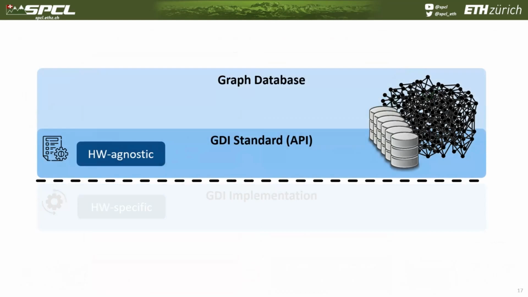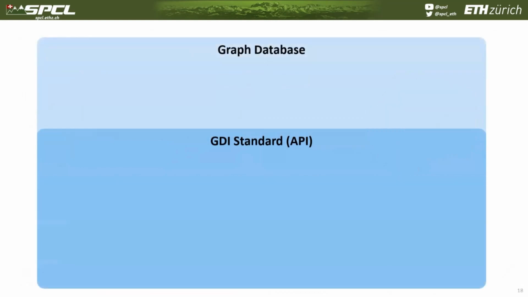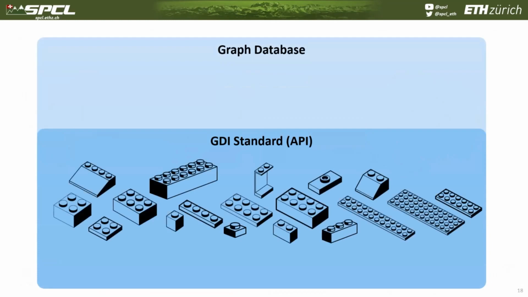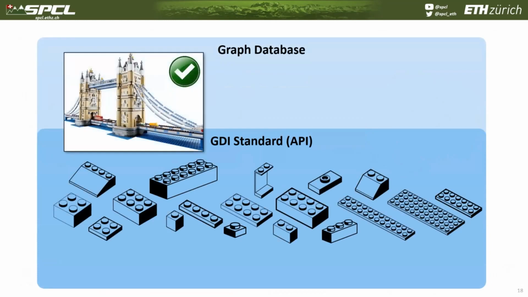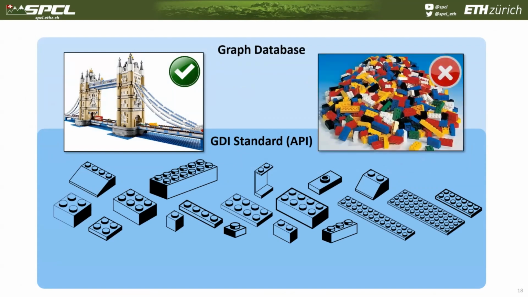So now we are going to again focus on the GDI standard, the first part of the whole GDI effort. And you can think of the GDI standard basically as a set of building blocks that we can use to construct graph databases more easily and portably, and help us build systems that are not hard to navigate and don't give us headaches.